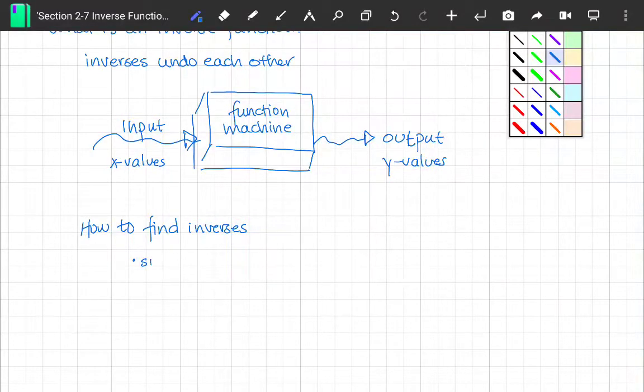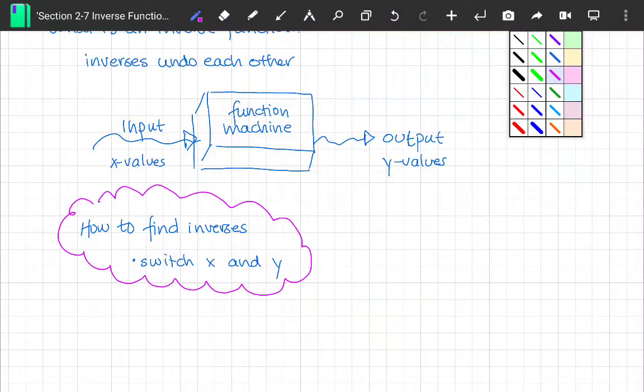You switch x and y. Honestly, once you switch x and y, you have the inverse. Typically, we still solve for y because we want to write y as a function of x. But once you switch x and y, you have your inverse.